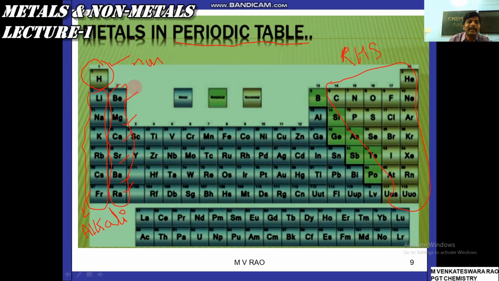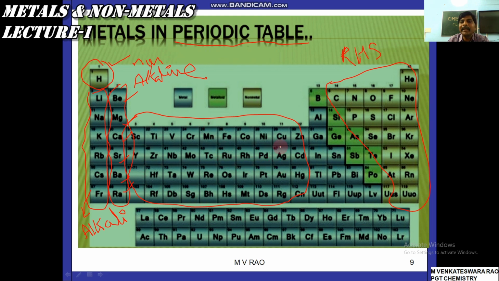These are called alkaline earth metals. Group 1 elements are called alkali metals. Group 2 elements are called alkaline earth metals. In between all these elements, some elements in the middle are called transition metals.